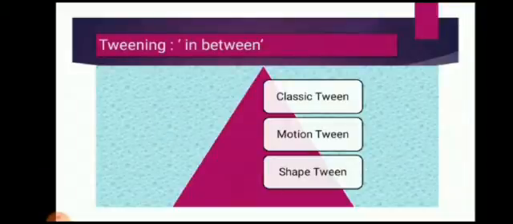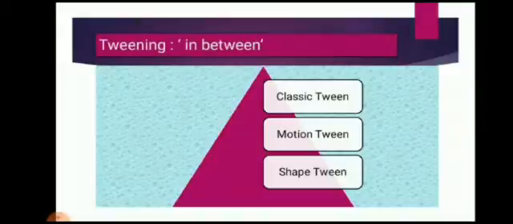To implement motion tween, all that you have to do is provide Animate with the symbol's initial position and end position. The rest is taken care of by Animate CC. And the last, shape tween, is used to transform the shape of an object into another, meaning you can change the shape of that object.